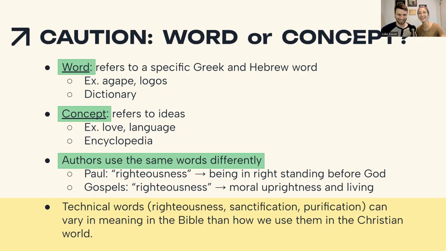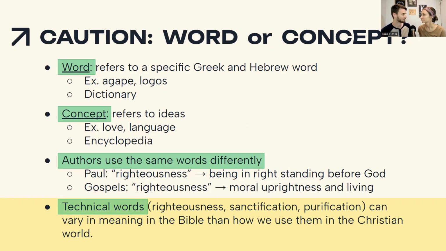All right, next point. The next one is thinking through technical words. Technical words can vary in meaning in the Bible, different from how we use them in the Christian world. I think a great example of this is sanctification. When I say, what is sanctification?